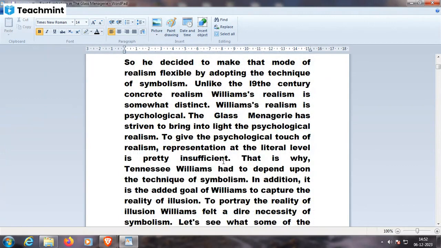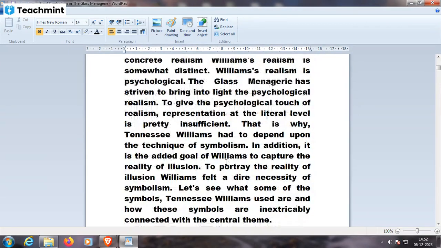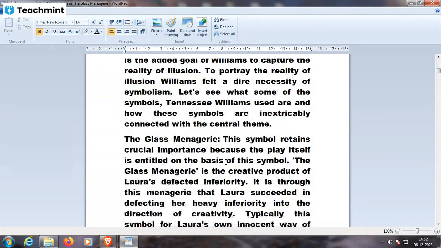In addition, it is the added goal of Williams to capture the reality of illusion. We are all in illusion, but to portray the reality of illusion, Williams felt a dire necessity of symbolism. Let's see what some of the symbols Tennessee Williams uses are and how these symbols are in the story.